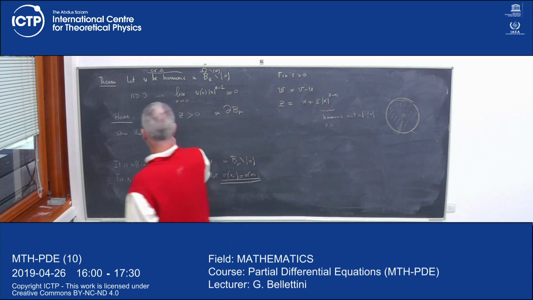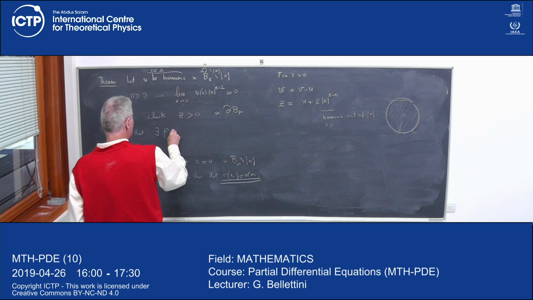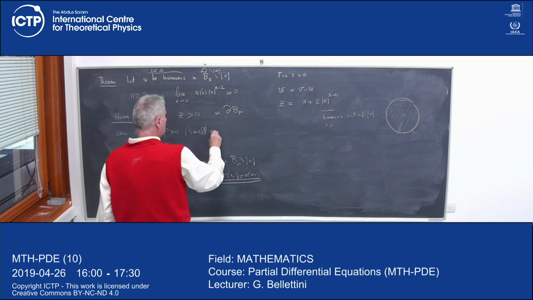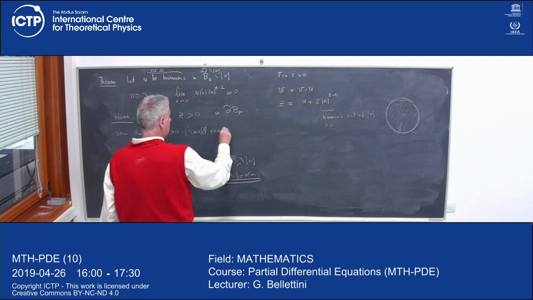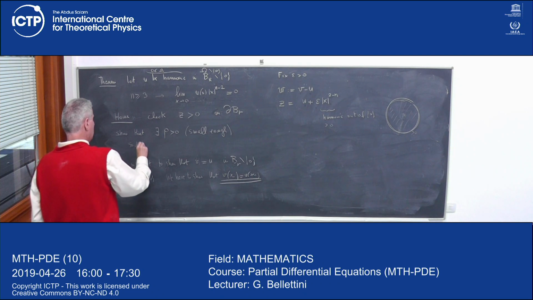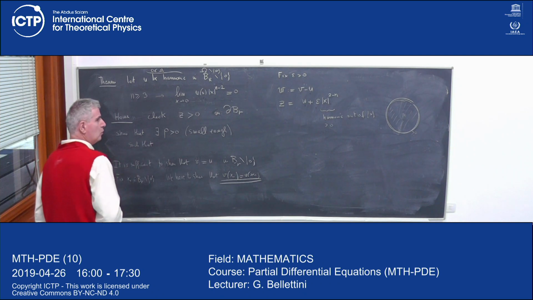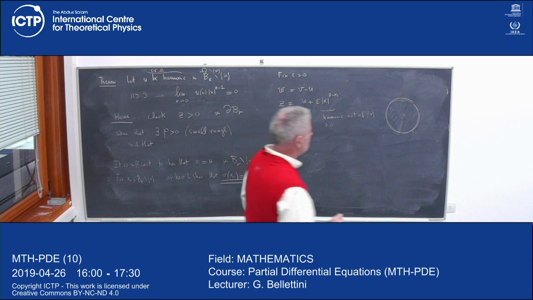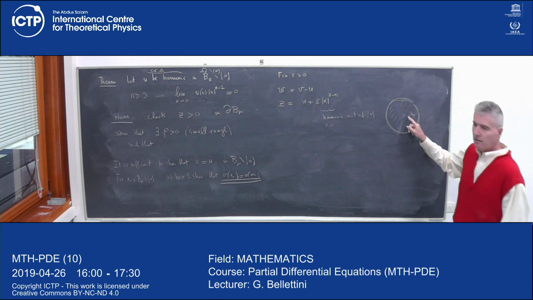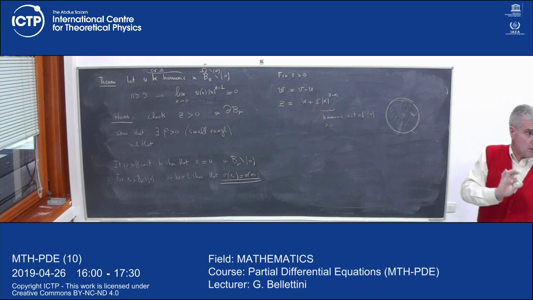Show that there exists a rho sufficiently small but positive, such that two conditions hold. x naught is in the annulus, because x naught has been fixed.